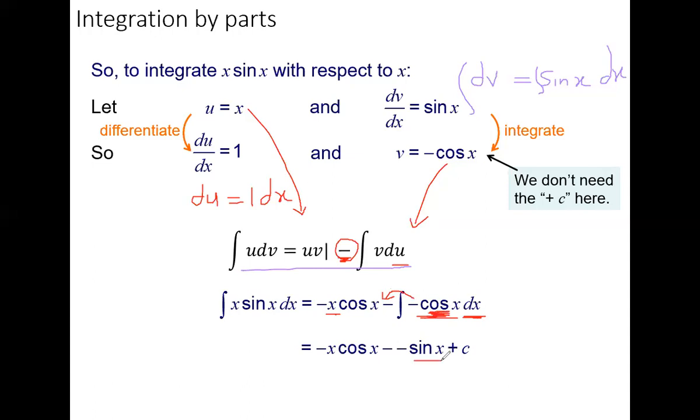Okay, good. Then bring your constant of integration. So that will simplify to give us negative x cos x plus sine x plus c, which if we rearrange will give us sine x minus x cos x plus c for the final answer.